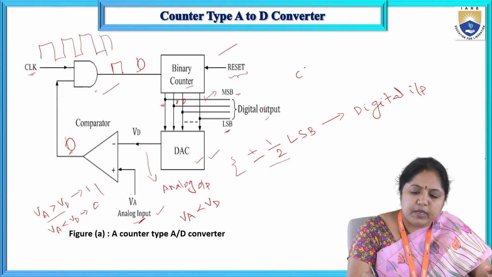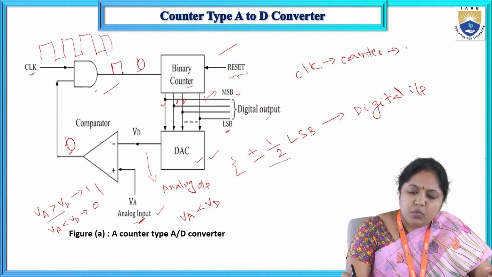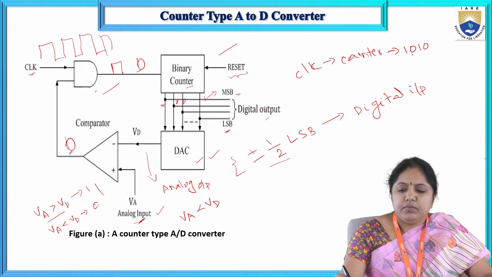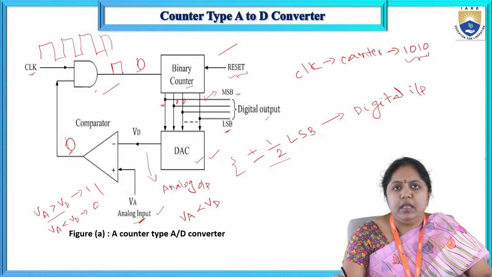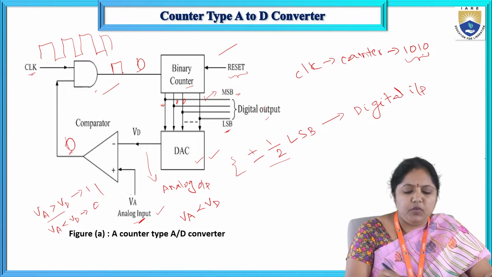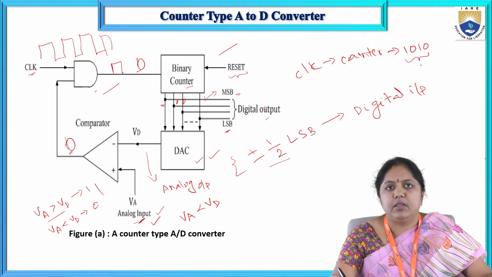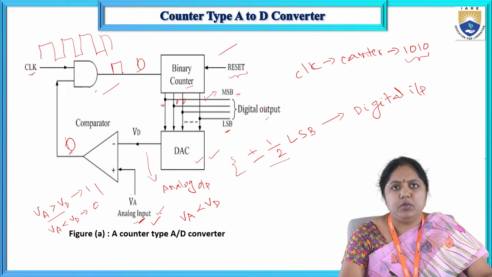Consider that 10 clock pulses have been counted by the counter, meaning 1010. So this 1010 is the equivalent binary value for this analog input signal.